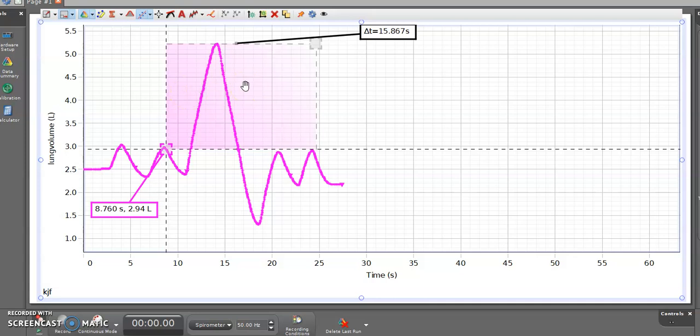So the first one that we see is called tidal volume, and tidal volume is what you breathe out normally. I'm going to pick one of my smaller peaks, and put this at the point of that smaller peak.